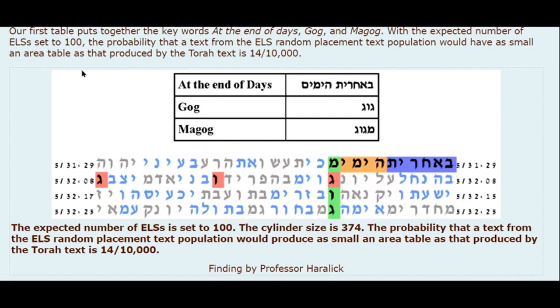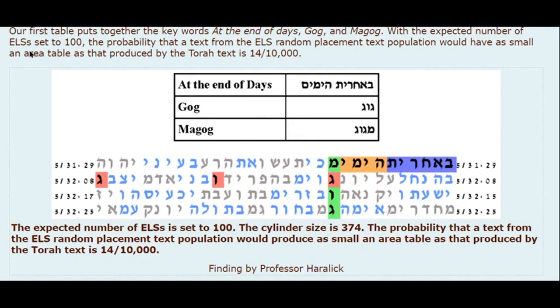About this one, Robert Haralick writes that our first table puts together the keyword at the end of days, in Hebrew V'achit hayamim, and also GOG and MAGOG. You can see GOG and MAGOG with the expected number of ELS.